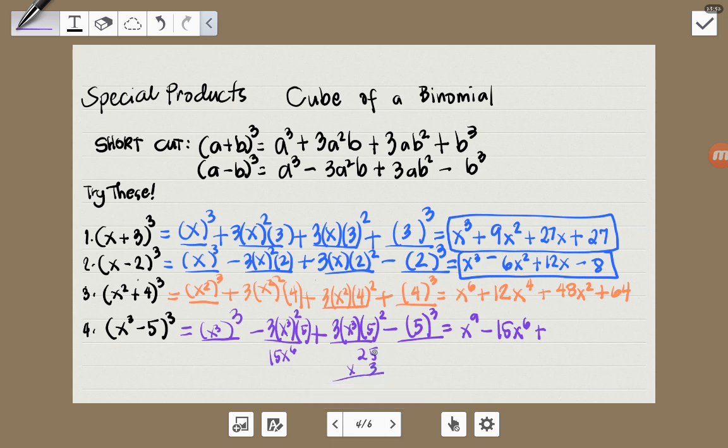So that's 5 times 3, 15. 2 times 3, 6 plus 1, 75. Okay, so 75 times x cubed. We have 75x cubed. And minus cube ni 5.